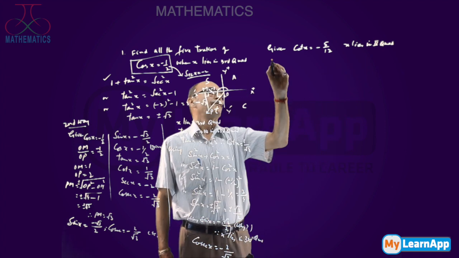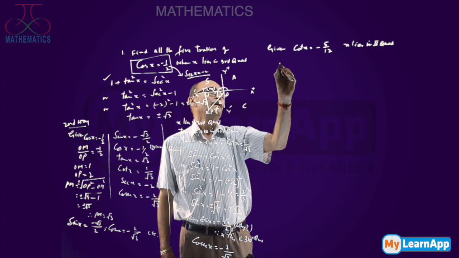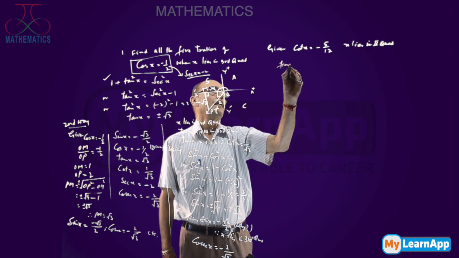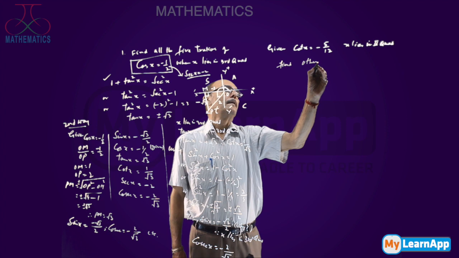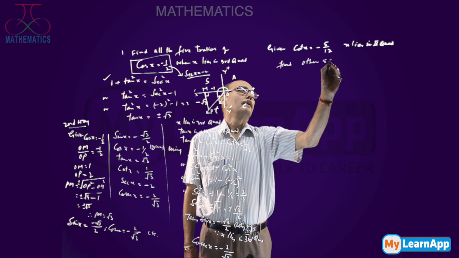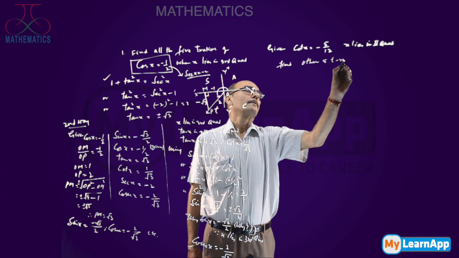So we find the other 5 trigonometric ratios.